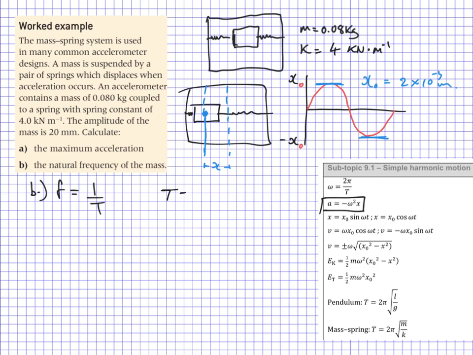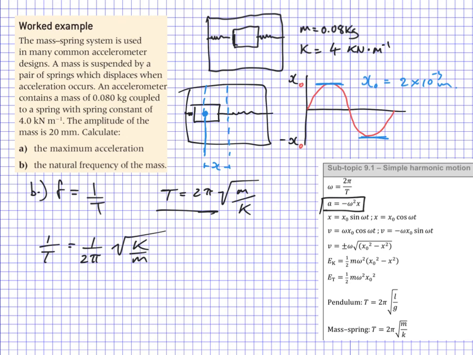So we know that the period of a mass spring system is 2 pi square root of the mass over the spring constant. And so here we're just rearranging and plugging in for our frequency. So pretty simple. We're just going to go ahead and do the reciprocal of this equation. So 1 over t, or 1 over period, is going to be equal to 1 over 2 pi of the square root of k over m.